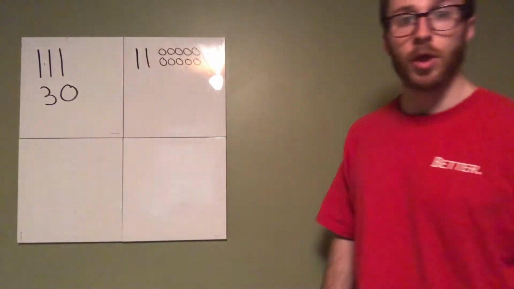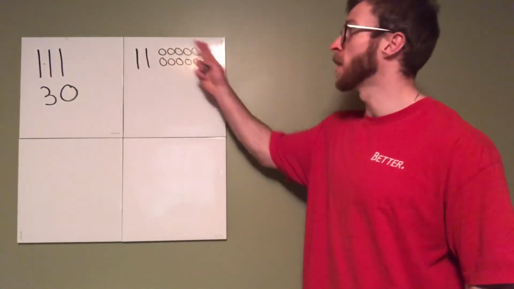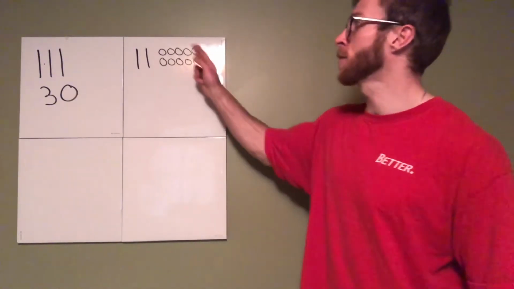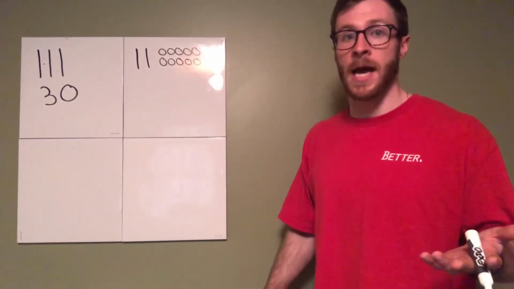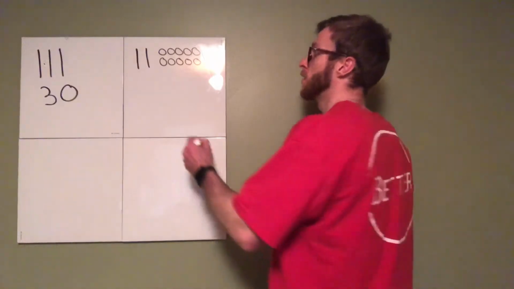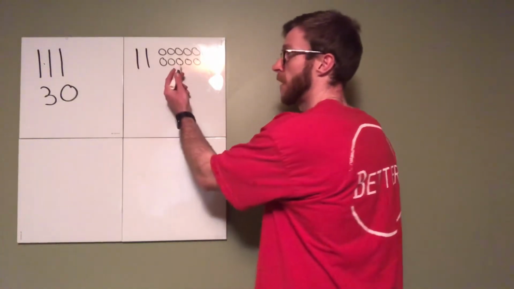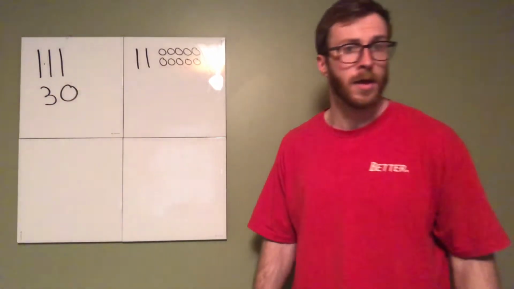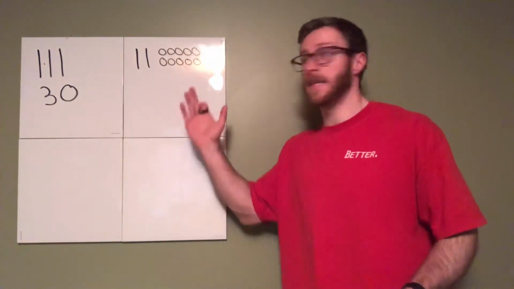And then how many loose ones do I have? Ones that are not in a group of 10. I have a full 10 frame right here. So how many loose ones do I have? I have 10. So if I have 2 10s here and then a group of 10 there, what number do I have? What does this make?